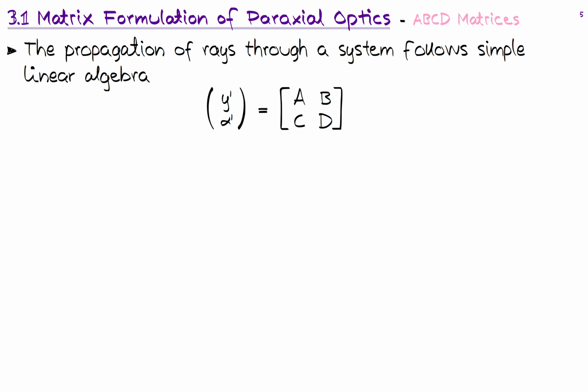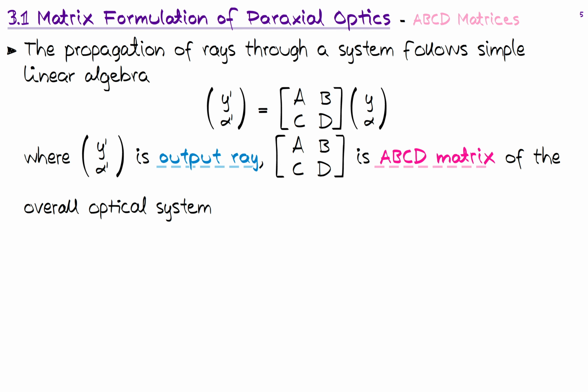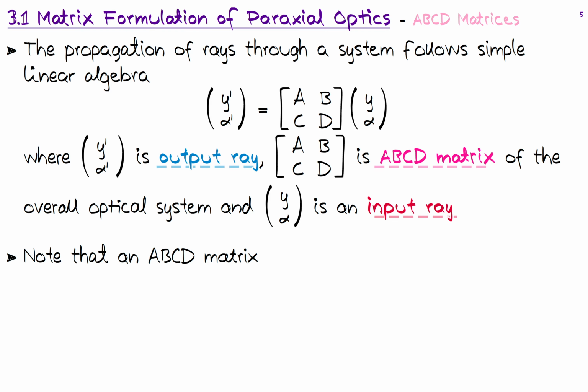That's a 2 times 2 matrix, and then we have our input vector y alpha here. The y prime, alpha prime vector is the output ray, and this ABCD matrix is the matrix that describes how the optical system transforms the input ray, and the input ray is denoted with these variables y and alpha.